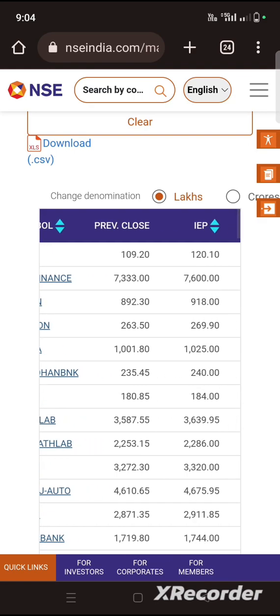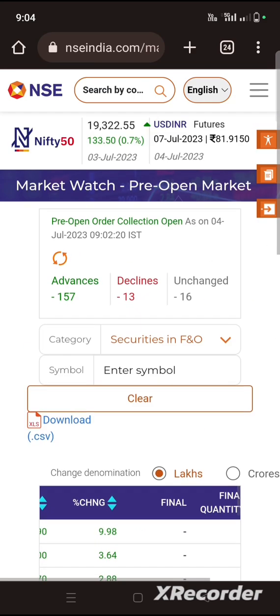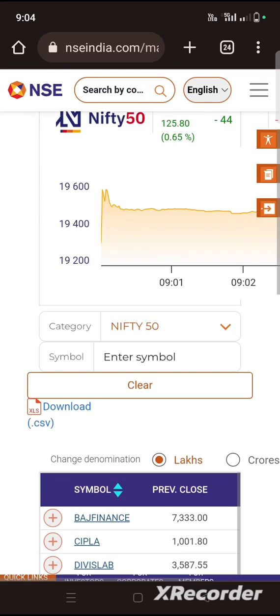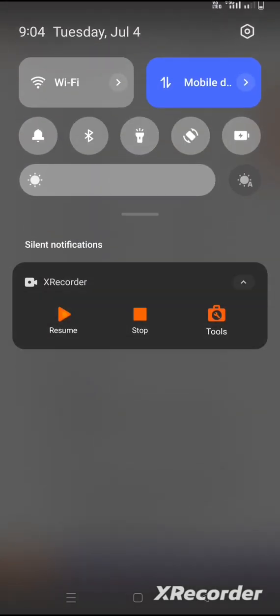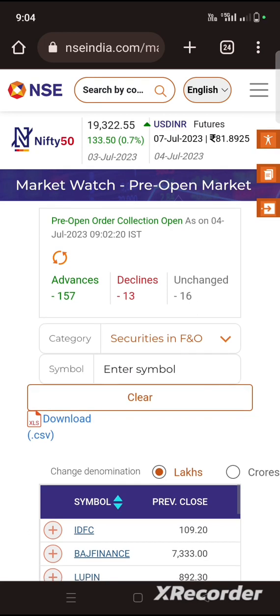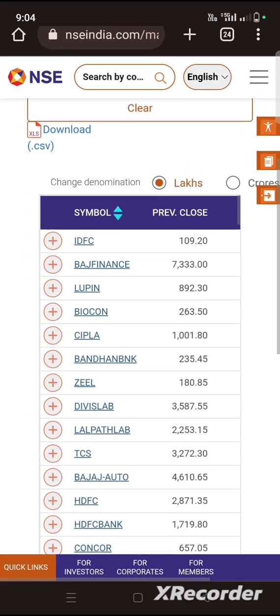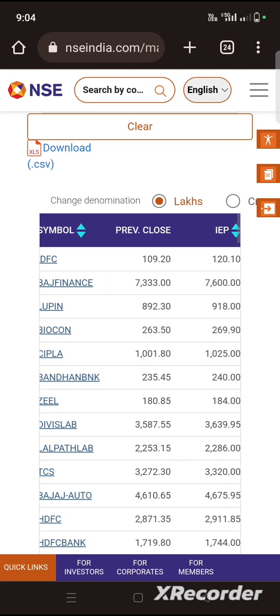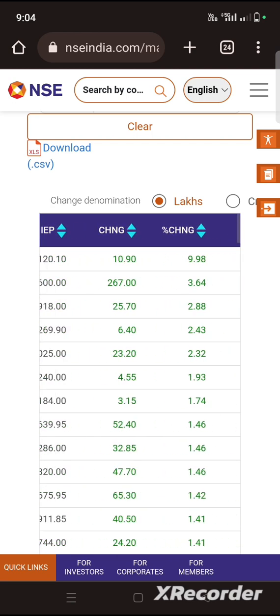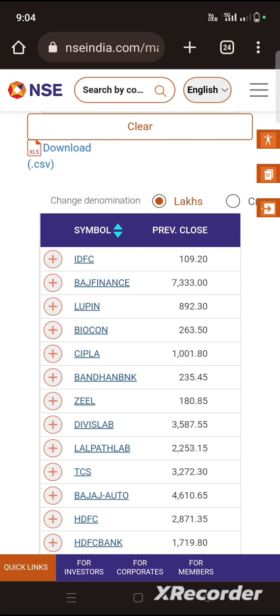I'll add these stocks to the watch list: IDFC, Bajaj Finance, Lupin, Biocon, Cipla.